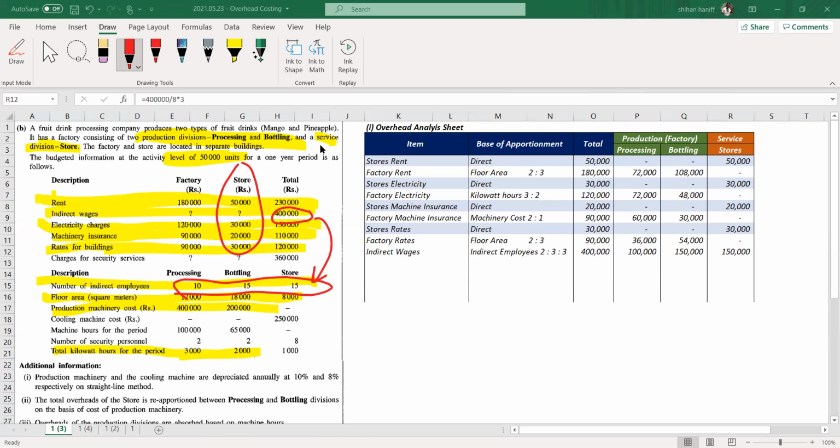Then also we have one more expense, charges for security services, 360. Can you all tell me this? Security. Tell me how much is processing, bottling and stores. Total amount 360.